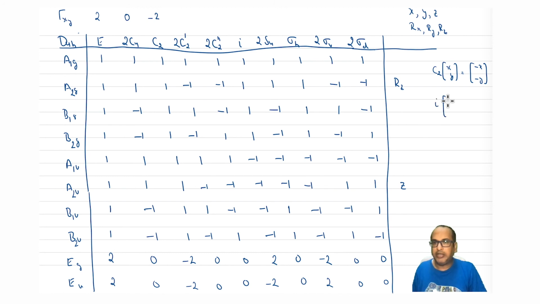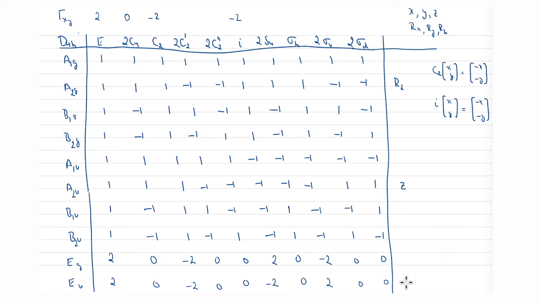So if I is applied to XY, what happens? X goes to -X, Y goes to -Y. So it should be -2, right? So -2 meaning this one. That means I can already see that Eu will be the representation based on the characters under I. So Eu will be the representation where XY together will be the basis.